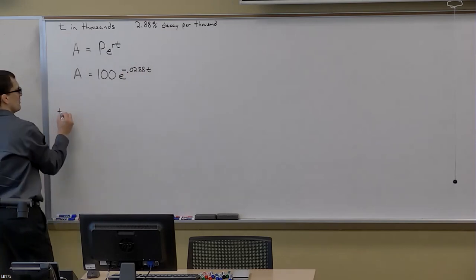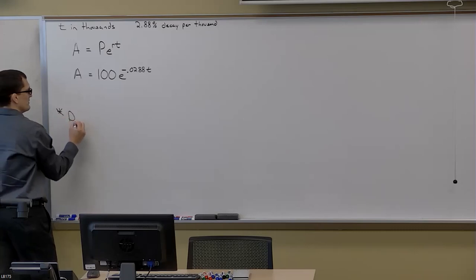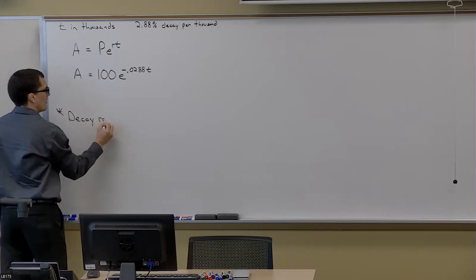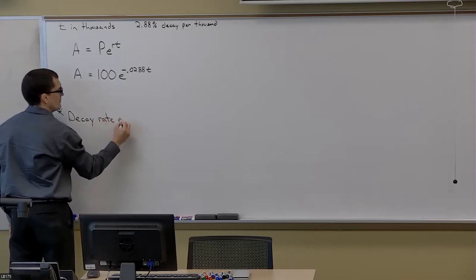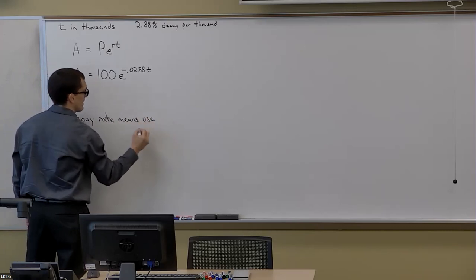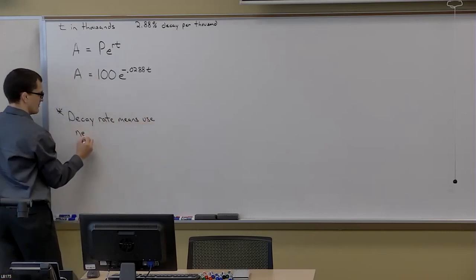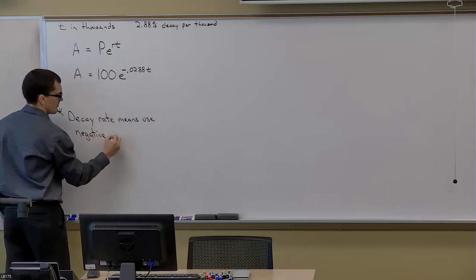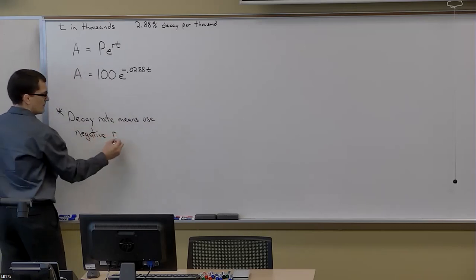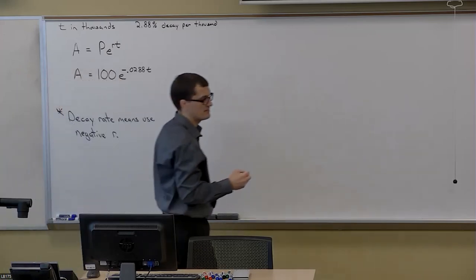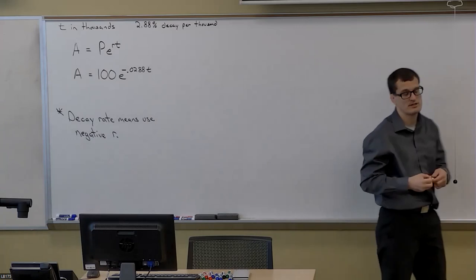So just as a note, decay rate means to use negative R. So that's why we're using the negative 0.0288.